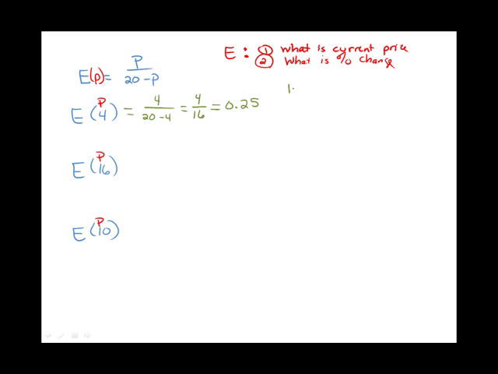If the current price is $4, we could say, what would happen if I raised my price 16%? Okay, we could talk about that percentage. We could talk about any percentage.